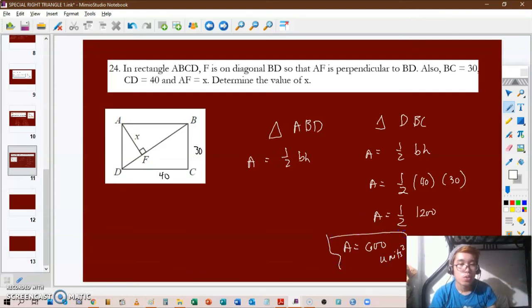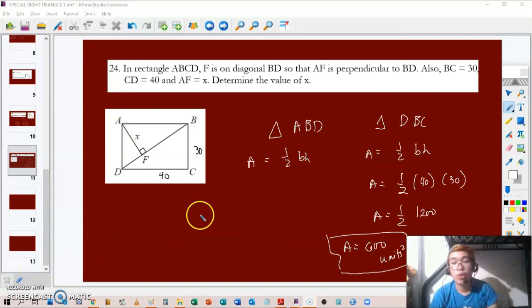Since the area of DBC is the same as ABD, we can solve for the value of BD here. BD is just going to be the hypotenuse of the triangle DBC. To solve for the hypotenuse, we're just going to use the Pythagorean theorem.